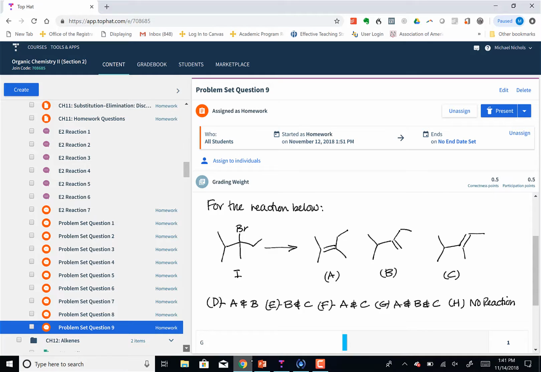I don't have the remainder of the problem set in Top Hat. When I decided to use Top Hat in the spring and they were going through it with me, I said, oh, well, then I can take all my handwritten homework problems and convert them into being electronically graded.